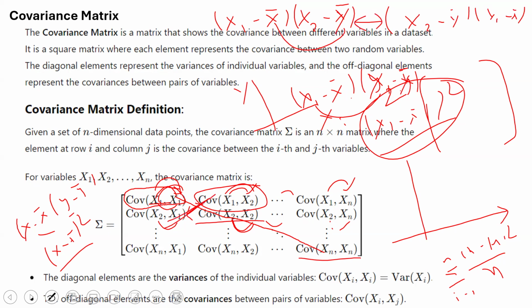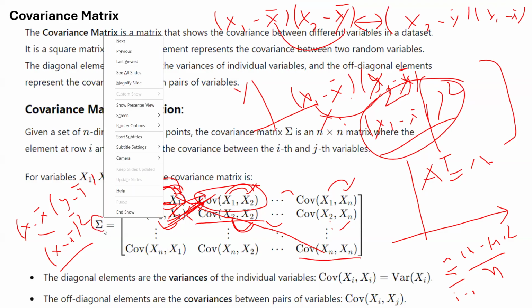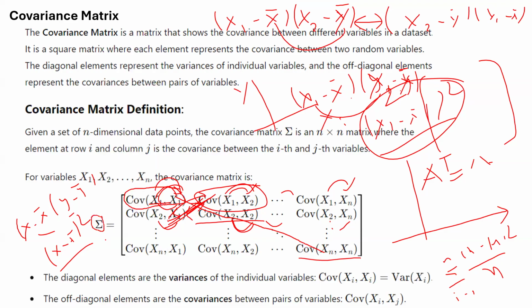That is why the covariance matrix is a symmetric matrix, A transpose is equal to A. Even if this comes here or this goes here, these two values are the same. That is why we call the covariance matrix a symmetric matrix.